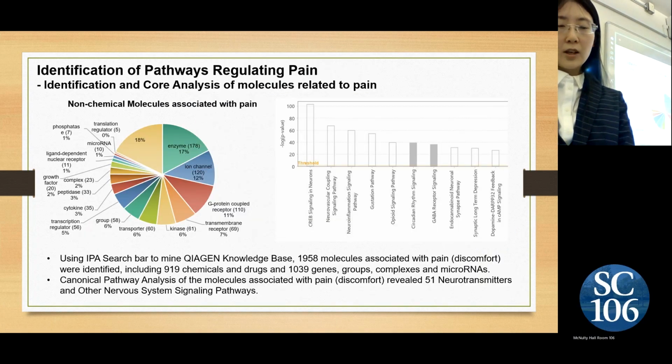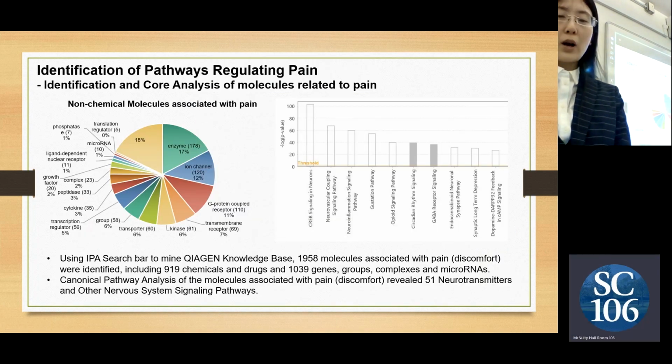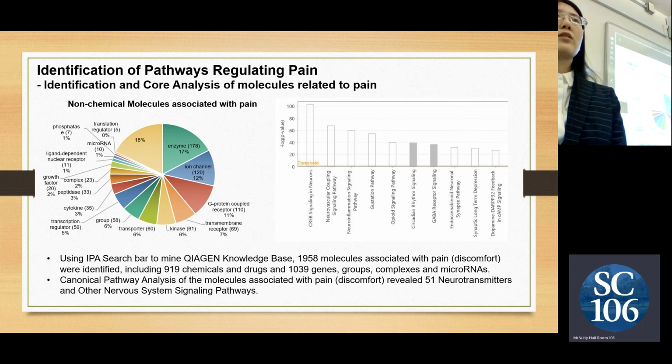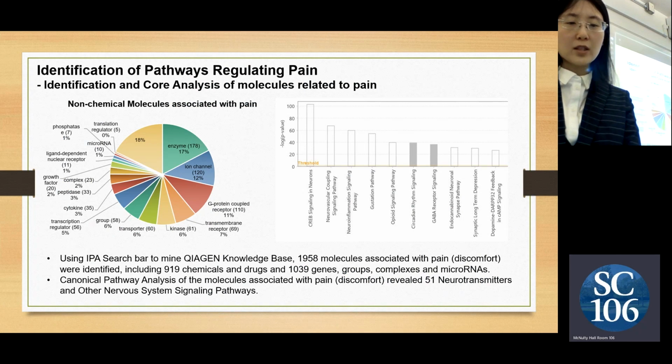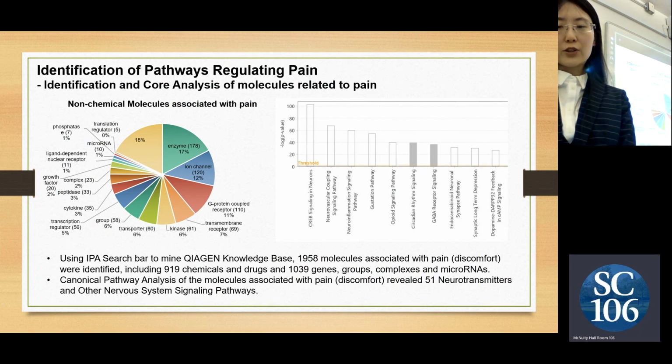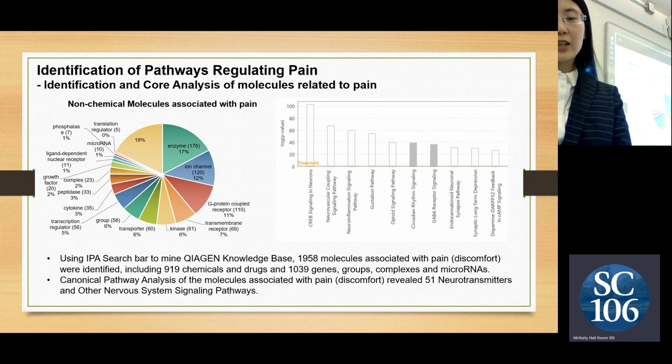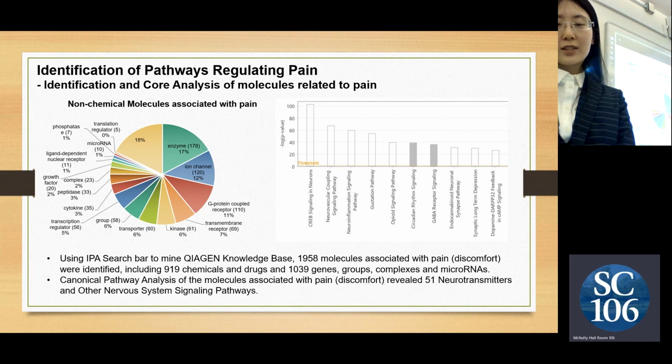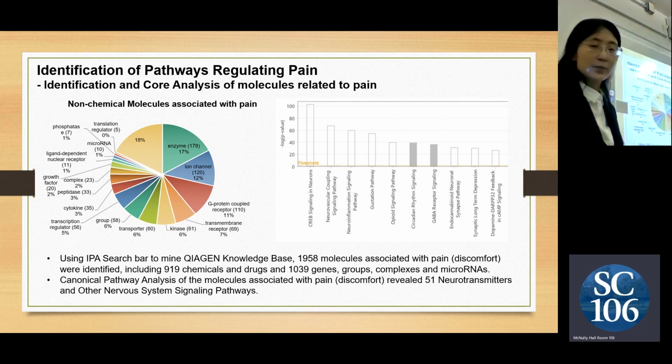First, the pain-related molecules were identified based on mining of the QIAGEN knowledge base. There are 1,958 molecules associated with pain, including 919 chemicals and drugs and 1,039 genes, groups, complexes, and microRNAs, shown in the pie on the left.